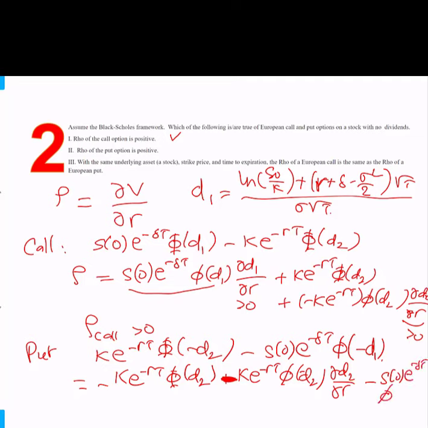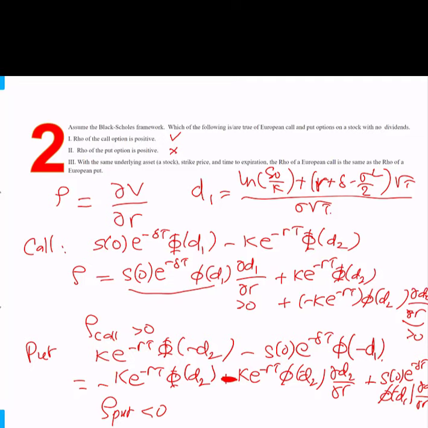Minus S0 e to the minus delta t little phi of minus d1, partial derivative of minus d1. So this is plus d1 over delta r. And from here we see that these coefficients are going to have negative terms, right? Negative terms. So in general, rho of put is negative in general. You see that? So it's not positive.